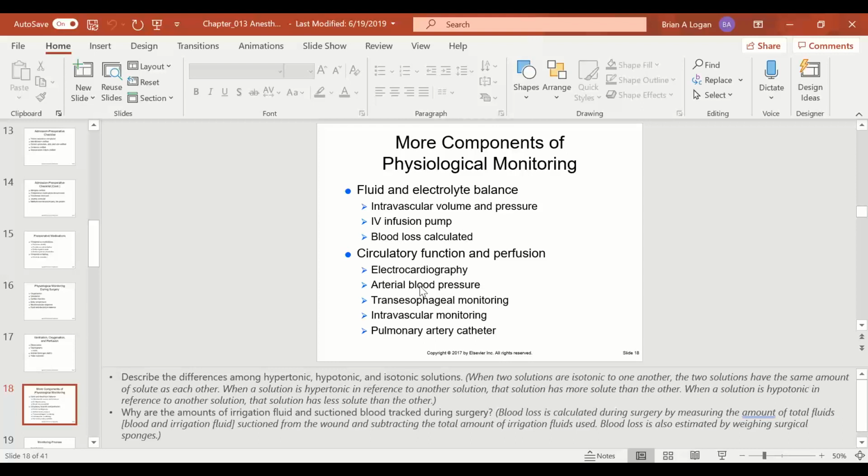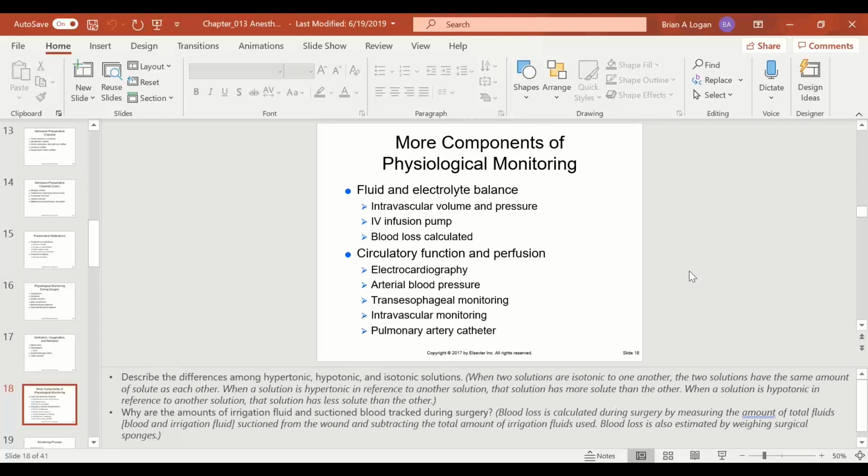This is the place where you really get into those hypo and isotonic solutions, understanding how all that works. But then they're checking that circulatory function, right? The EKG, blood pressures. You can even do transesophageal monitoring, where you put a probe down the esophagus, down near where it makes the junction with the stomach, because just to the left of that is the heart.